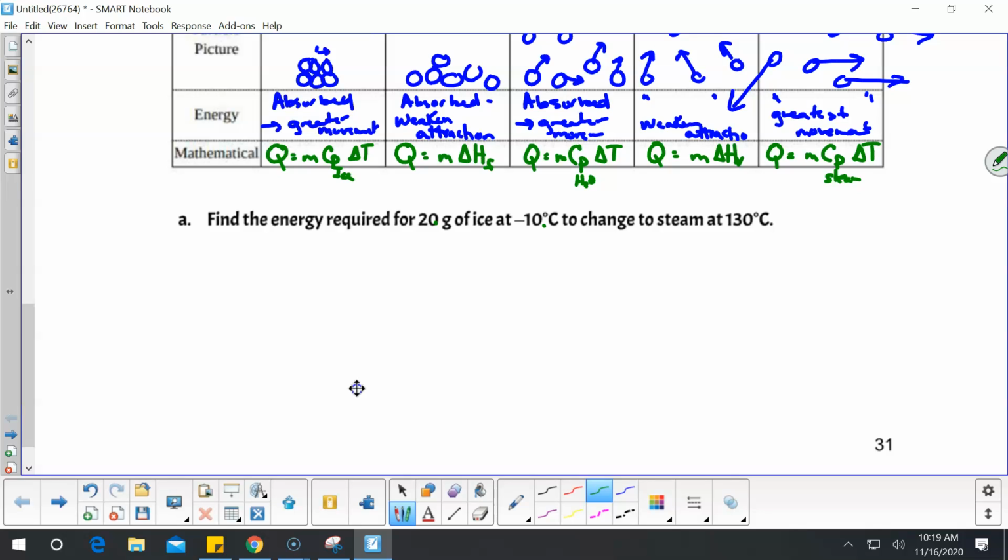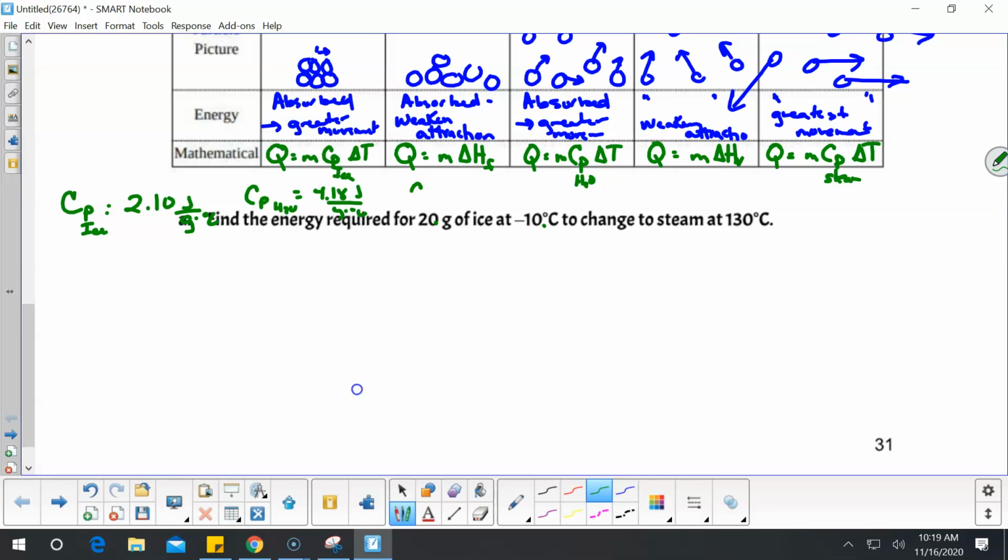What is the specific heat for ice? The specific heat of ice is 2.10 joules per gram times degrees Celsius. We know the specific heat for water is 4.18 joules per gram times degrees Celsius too.